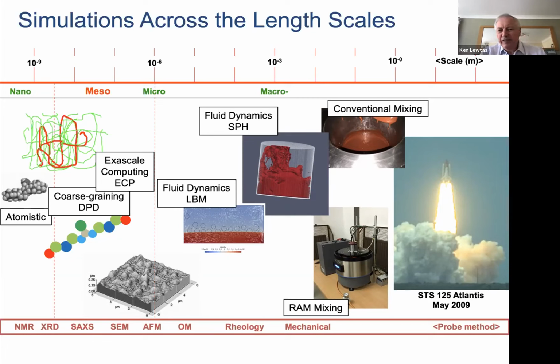Recently, we've been using resonant acoustic mixing, and that's the picture on the bottom. This is really useful for highly filled composites of high viscosity media, and hence we've been looking at the different stages of this mixing, the wetting of the particles, then the percolation of the materials, etc.